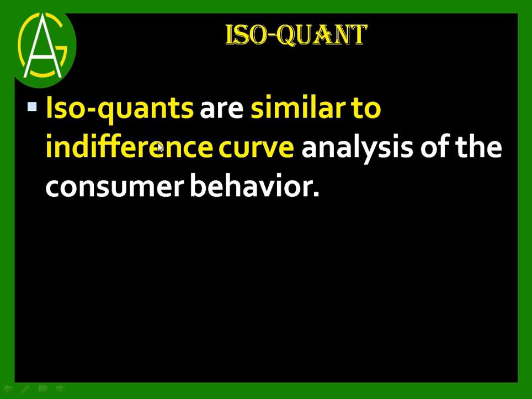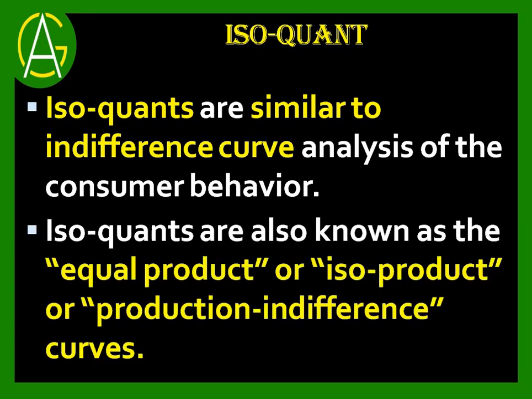Under consumer behavior we were learning indifference curve analysis, and in that the consumer was indifferent because whatever combination he selected he got equal satisfaction. Same way the producer is going to get equal production, so the curve of equal production is known as isoquant. Isoquant is also known as equal production, iso production, or production indifference curve. These are other names, do remember them.